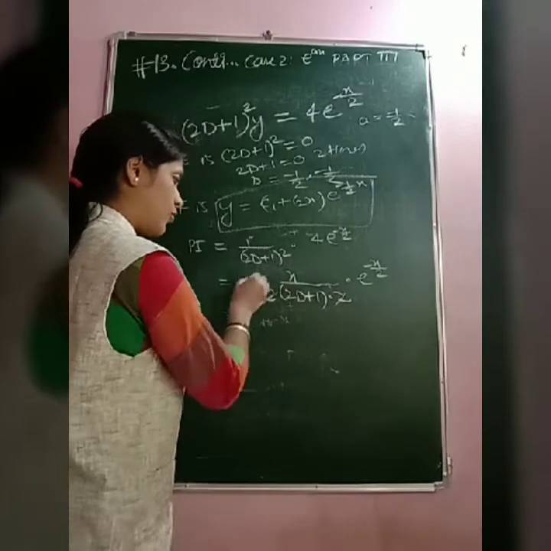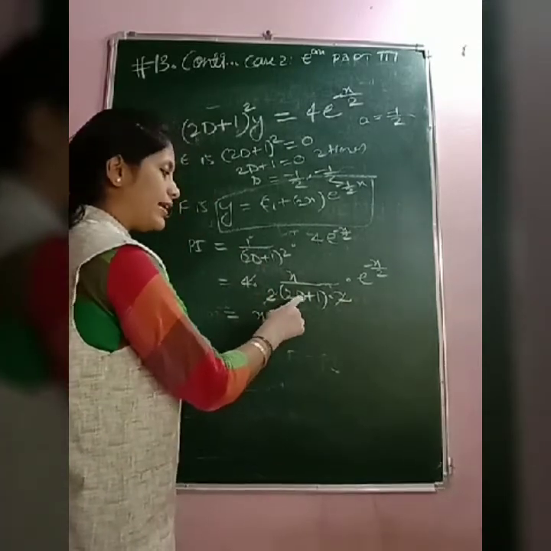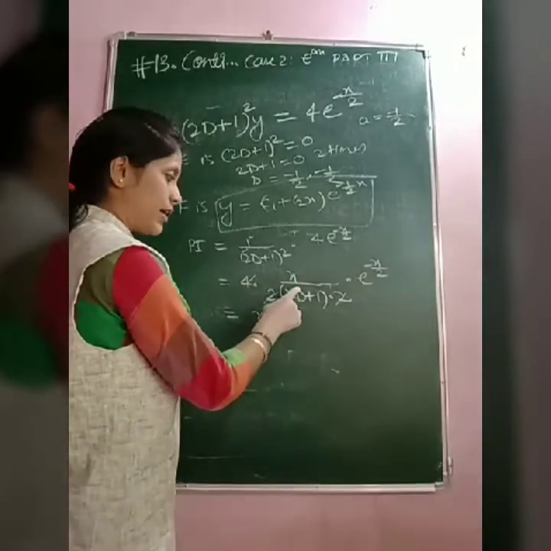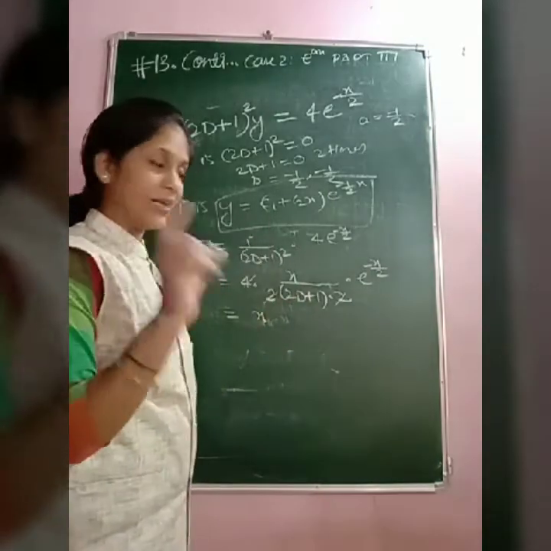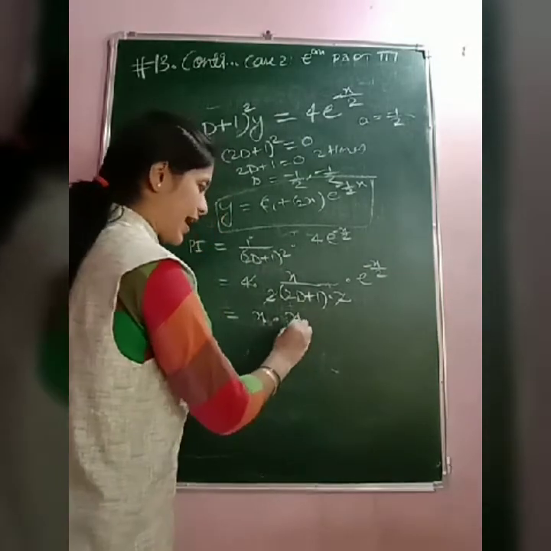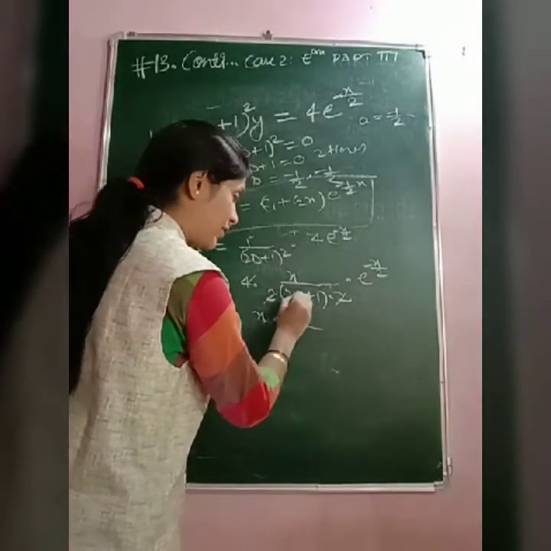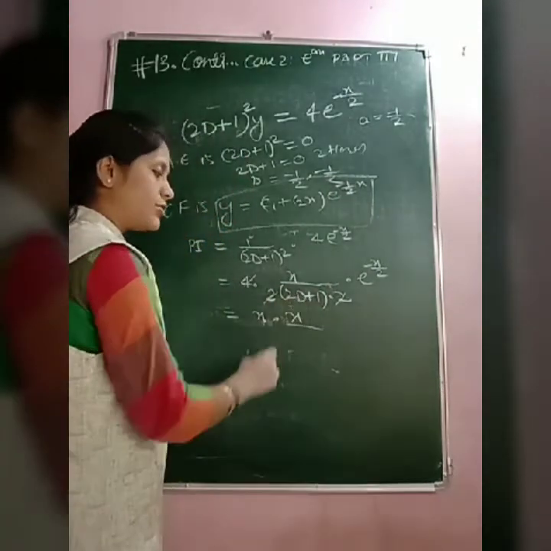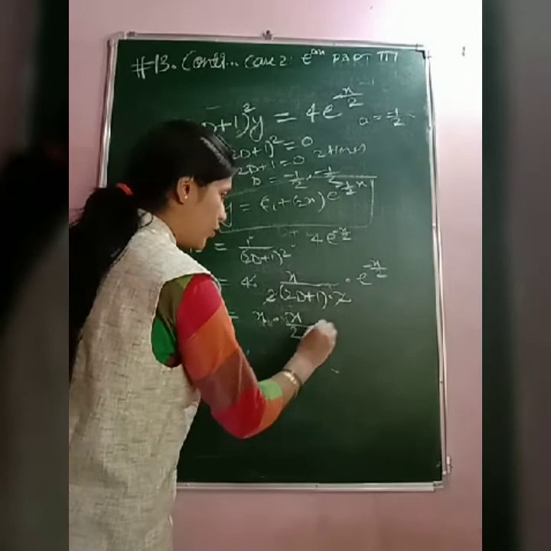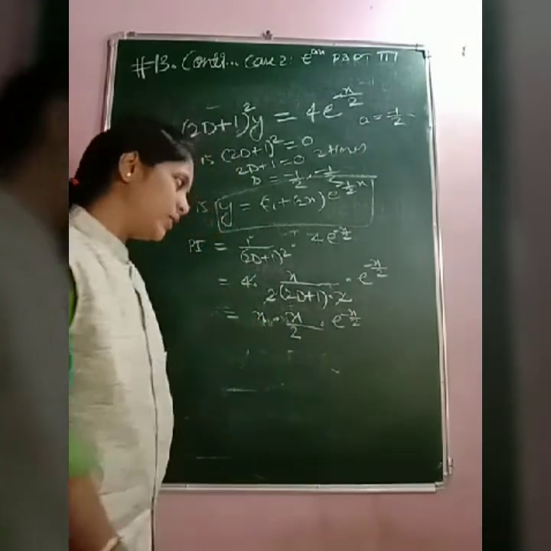So again, what do we get? 2 twos are 4, 4 and 4 cancel. x as it is. Again what are we getting here? D is −1 by 2, so −1 plus 1 we are getting. So again multiply the numerator with x. For this, multiply the numerator with x, differentiate the denominator. What is this? 2D + 1 differentiation, 2, e^(−x/2).